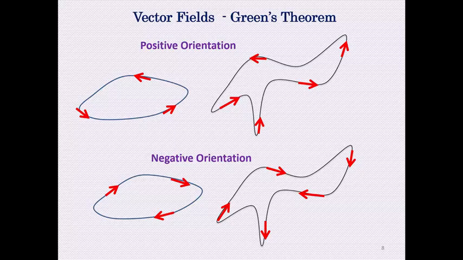Here are some more examples of positively oriented curves, the two curves on the upper part of the diagram, and negatively oriented curves, those below. Following the arrow, positive orientation is for an anti-clockwise traversal, negative orientation for clockwise movement.